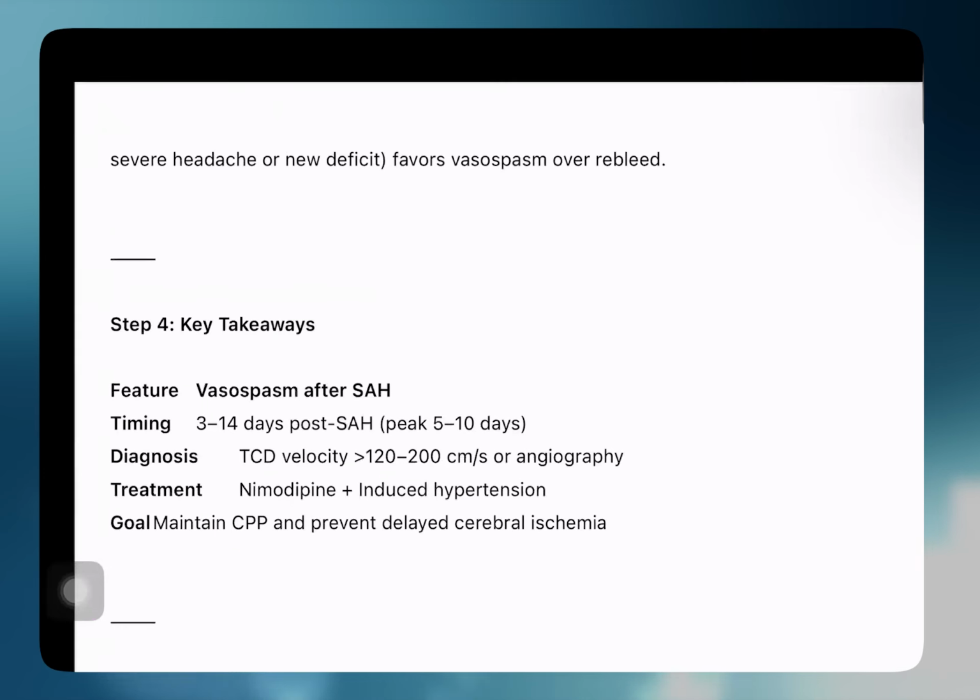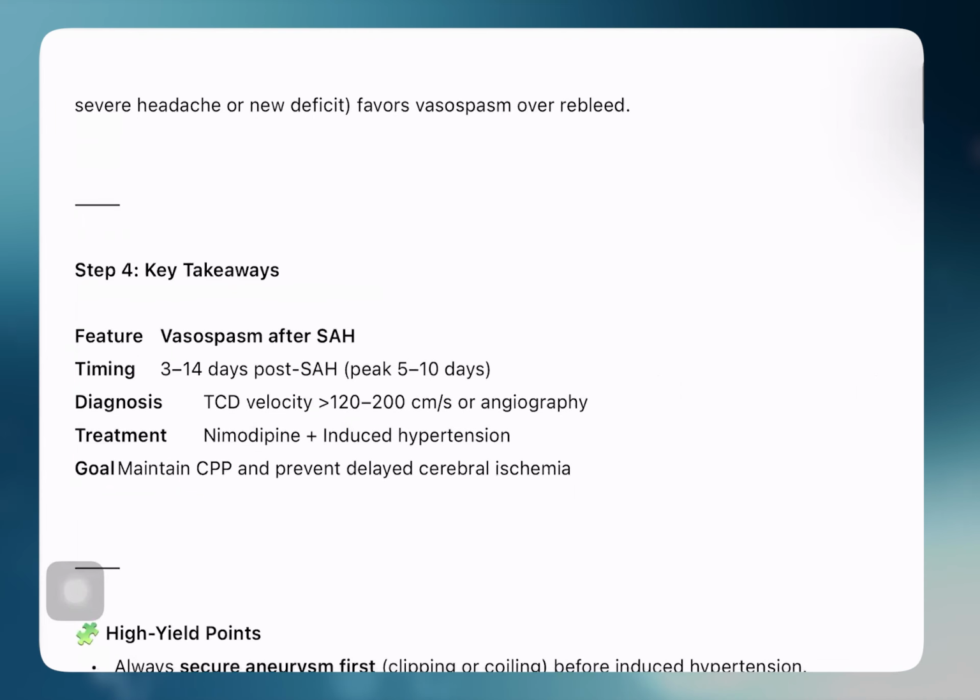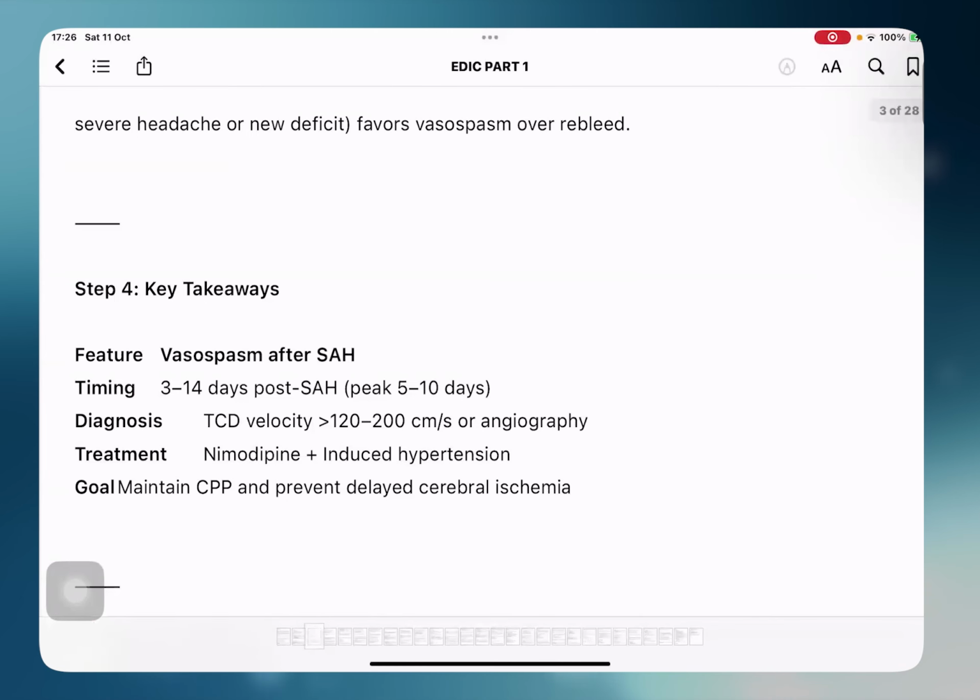Okay, so we have to understand that SAH leading to vasospasm, or vasospasm after SAH, the timing is within the first 1 to 2 weeks, peaking at 5 to 10 days. Diagnostic is TCD velocities. So I might throw as many red herrings as possible.